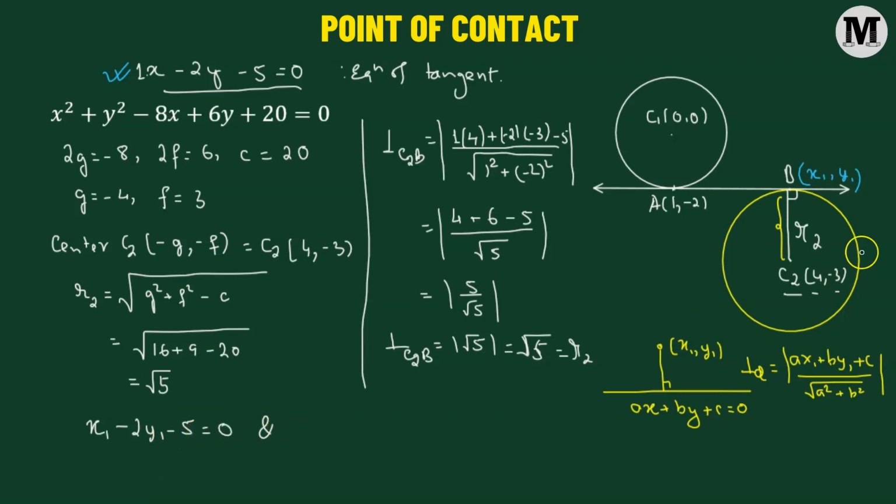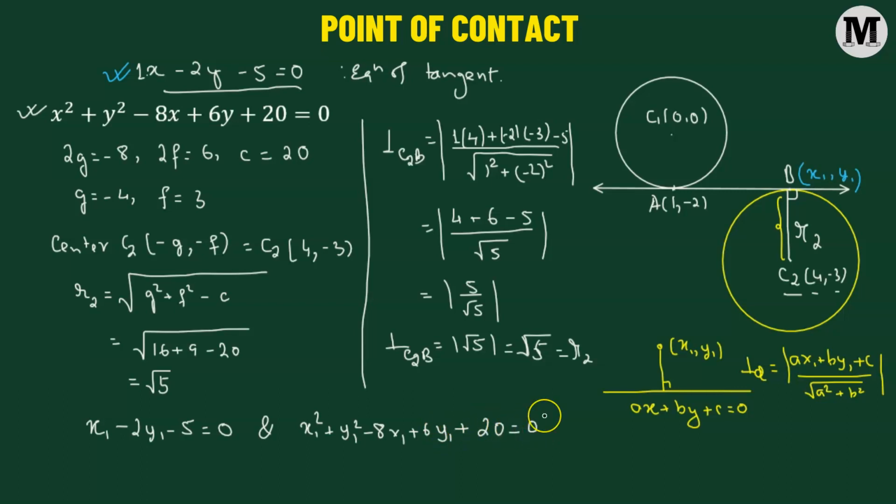And also the point x1 comma y1 lies on the circle with center C2. That means we can replace x with x1 and y with y1 in the equation of the circle to get x1 squared plus y1 squared minus 8x1 plus 6y1 plus 20 equals 0.